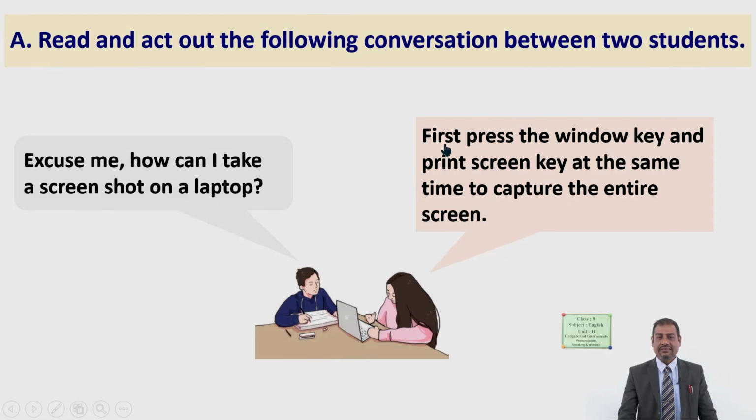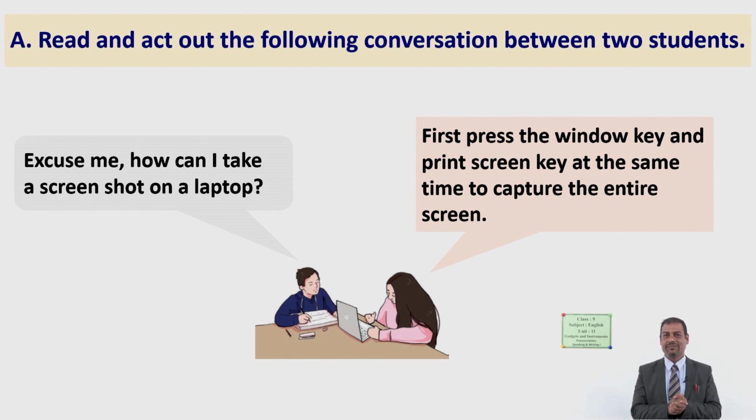So, have you noticed what it is about? Now, you have to look at this one, okay? There is: first press the window key and print screen key at the same time to capture the entire screen. It means that someone is giving you instruction to take a screenshot on a laptop, okay? So I hope you might have guessed.